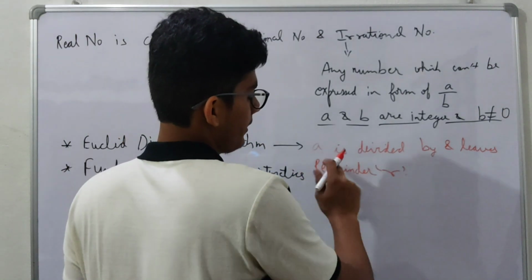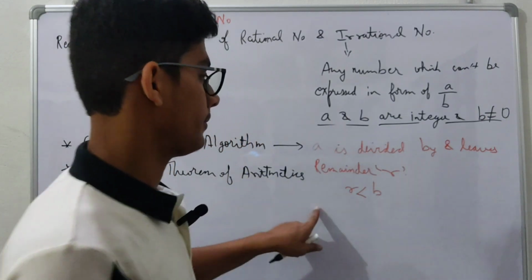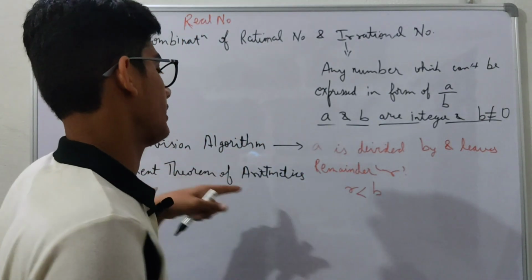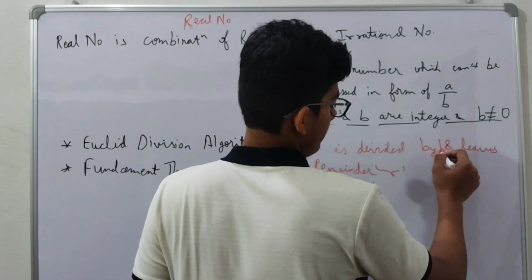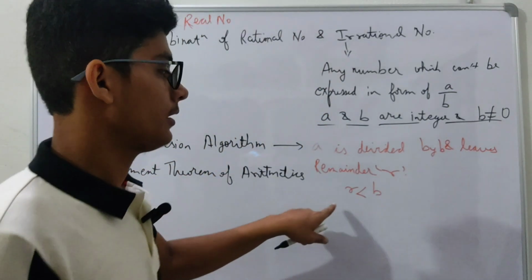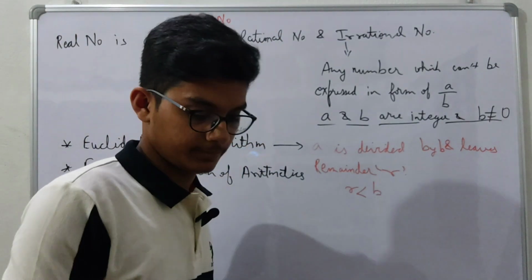Here r should always be less than b. This is the main thing in the Euclid division algorithm: if a is divided by b and leaves remainder r, then r should always be less than b.